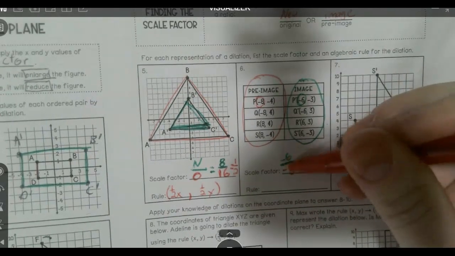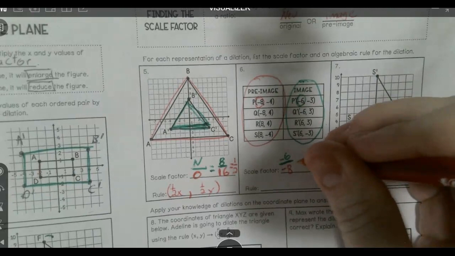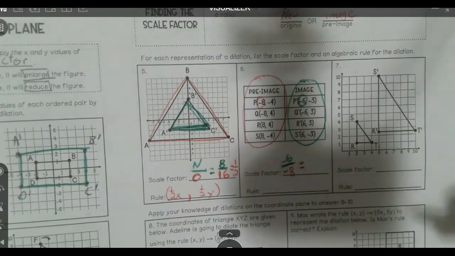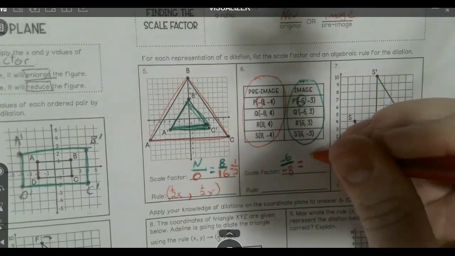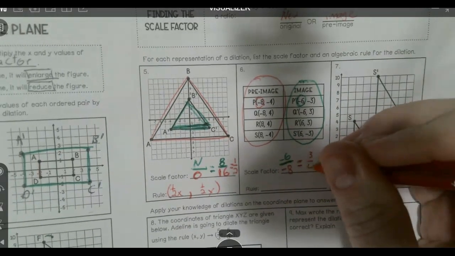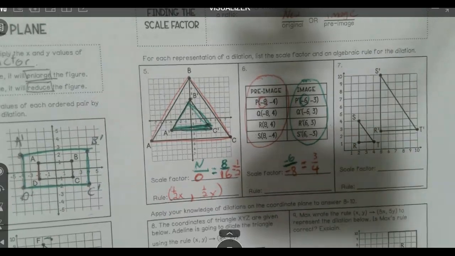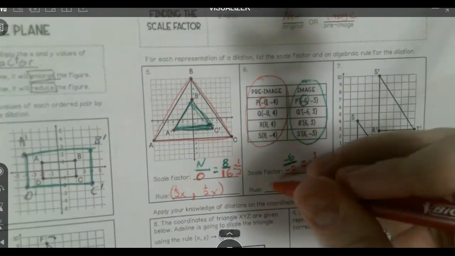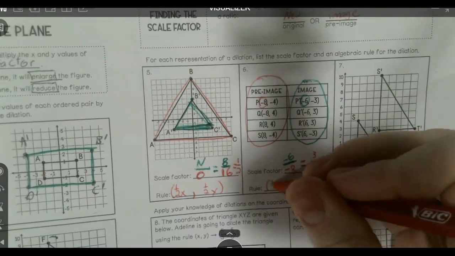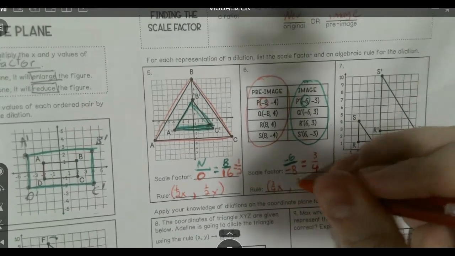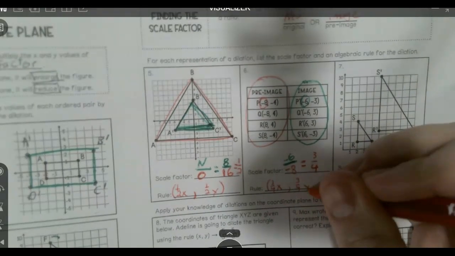A negative divided by a negative will be a positive. So if I reduce this fraction, it is 3/4. The scale factor is 3/4, which means the rule would be 3/4 times the x value and 3/4 times the y value.